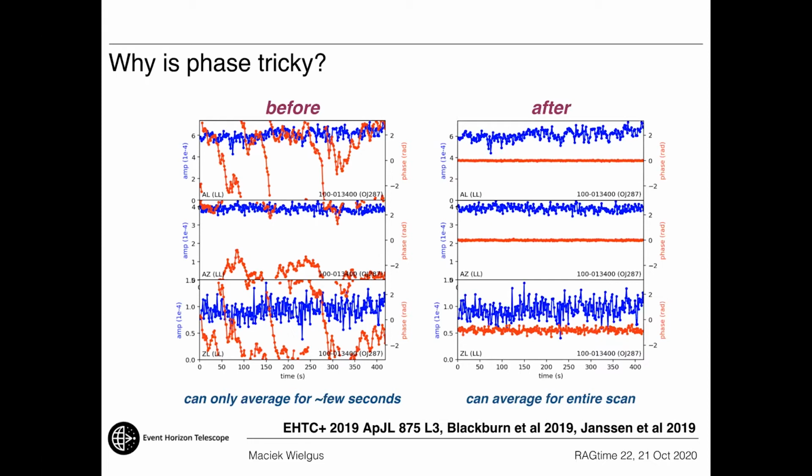And we have to play a lot of sophisticated games with these measurements in order to recover phases as smooth and nice as you see in the right panel. We expect them to be constant on relevant timescales, that the source is not changing on a timescale of 400 seconds. That's what the behavior of the red curves in the right panel is telling you.